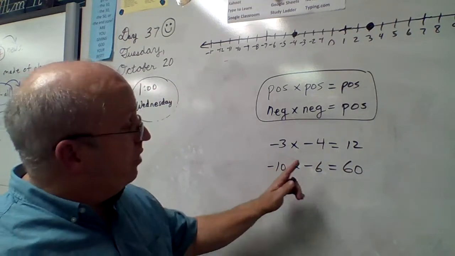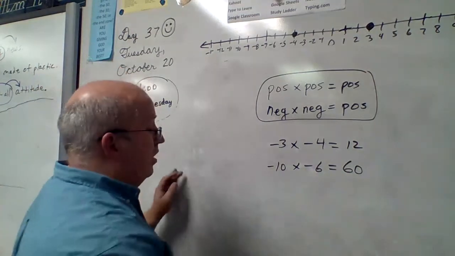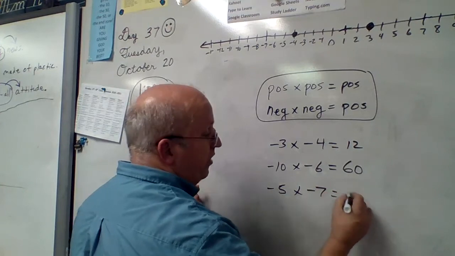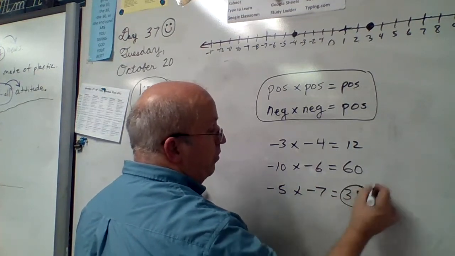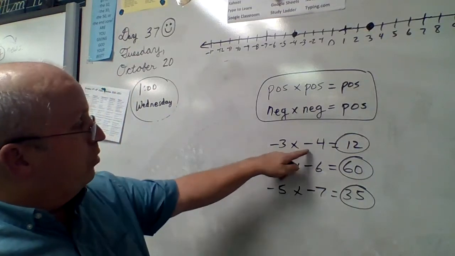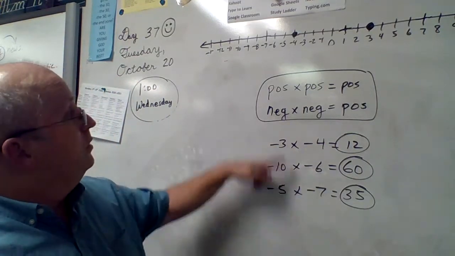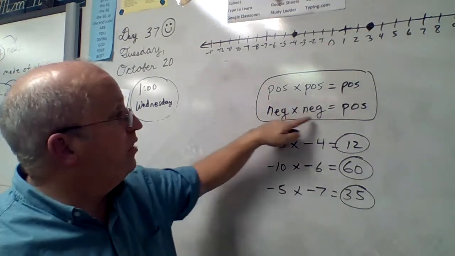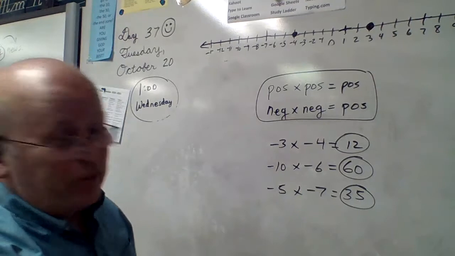A negative times a negative is always a positive. If I take negative 5 times a negative 7, the answer is a positive 35. All of these answers are positive numbers, even though I'm multiplying two negatives together. Okay? So positive times a positive is a positive. Negative times a negative is also a positive.